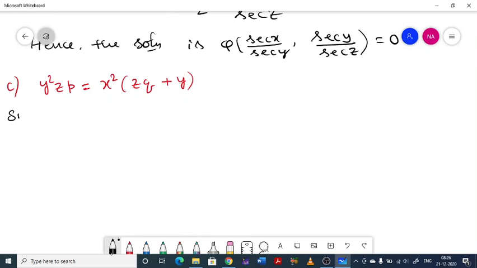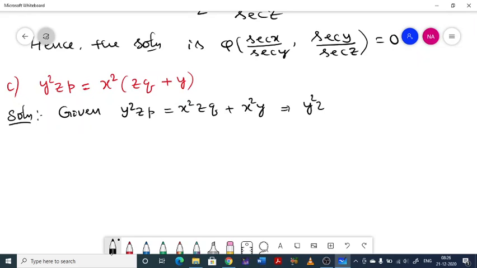Solution. So given y square zp equal to x square zq plus x square y. So I can write this in the form y square zp minus x square zq equal to x square y.